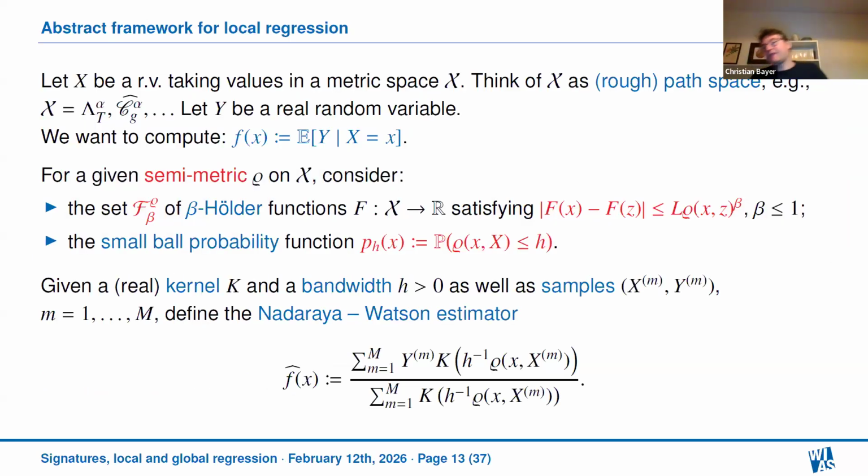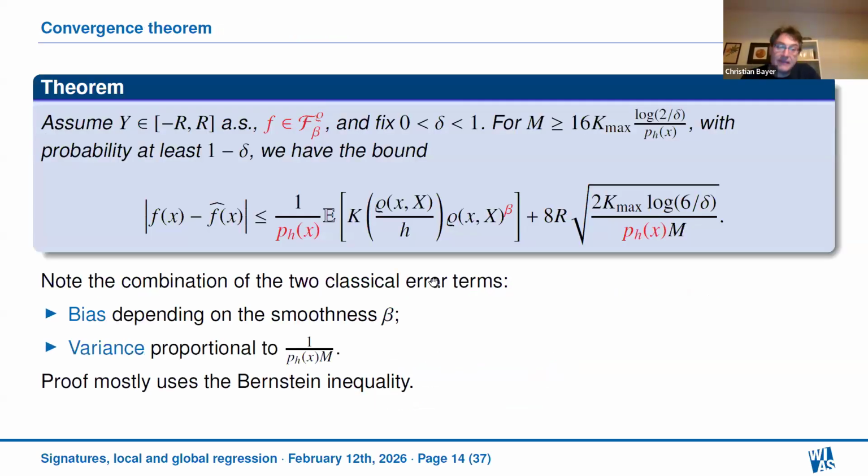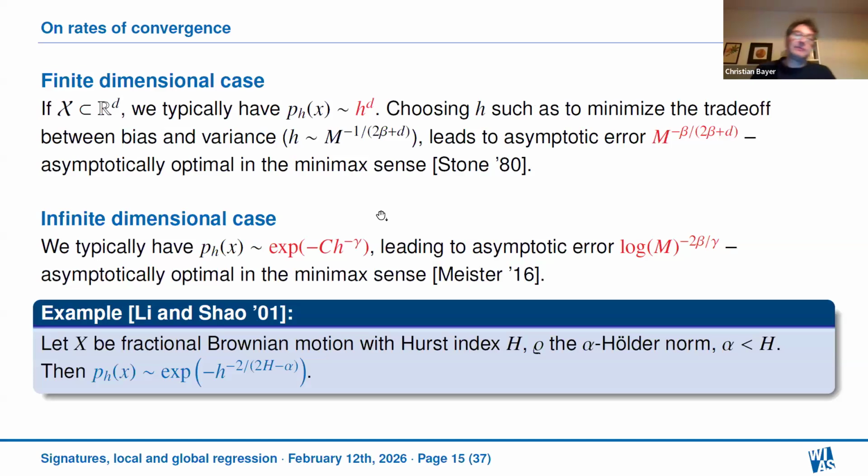Assume that capital X has a density with respect to Lebesgue measure. Then the small ball probability is going to be proportional to the volume of this ball according to the Lebesgue measure times the density, say, in the center of the ball. This means that the small ball probability typically behaves like h to the d.